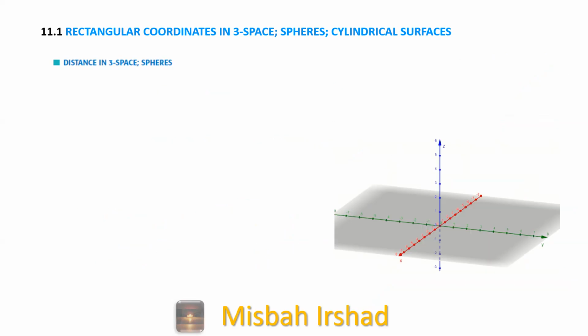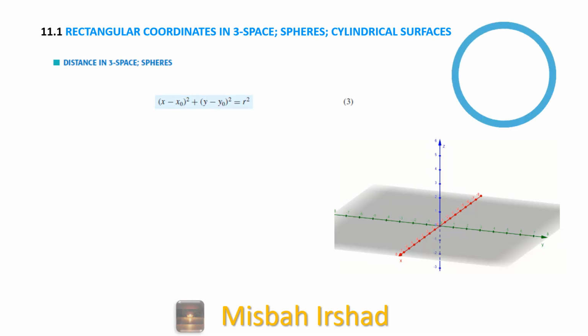And this idea extends to the definition of a surface, which is called a sphere. And this is similar to a circle in a plane.